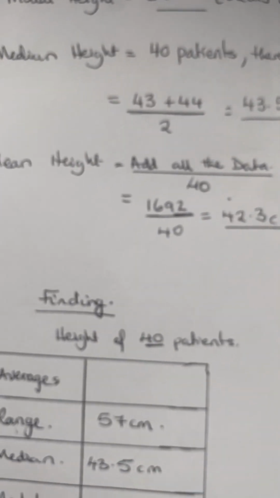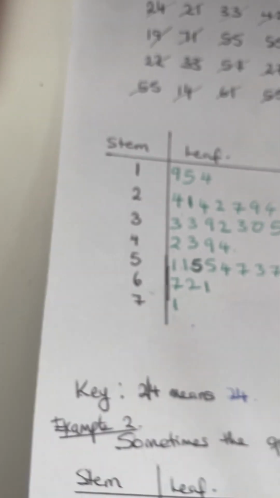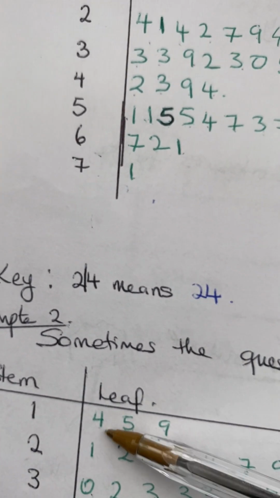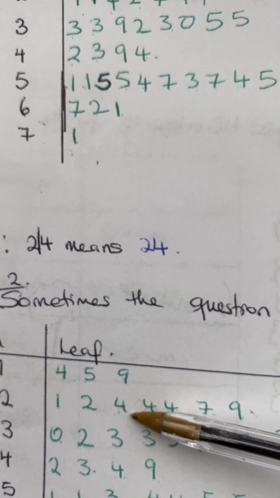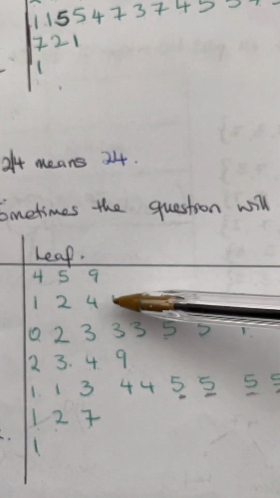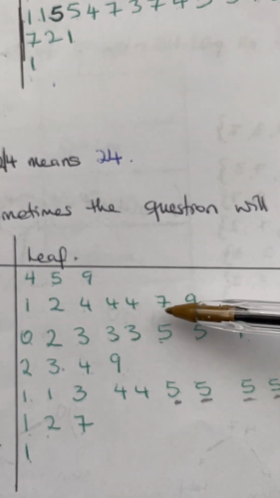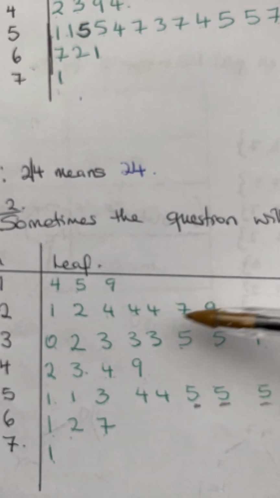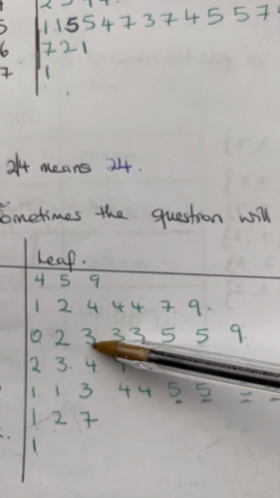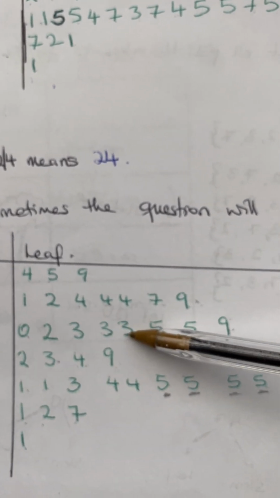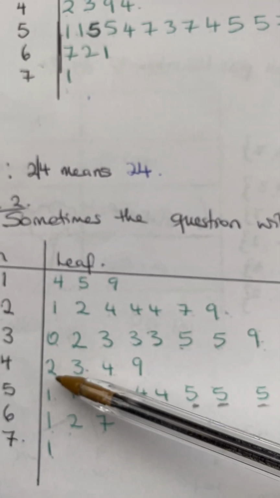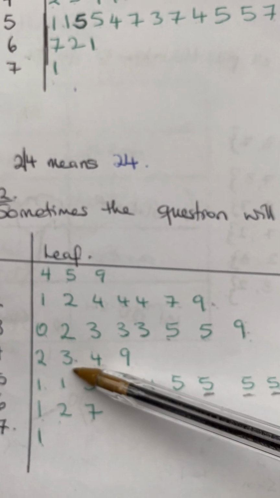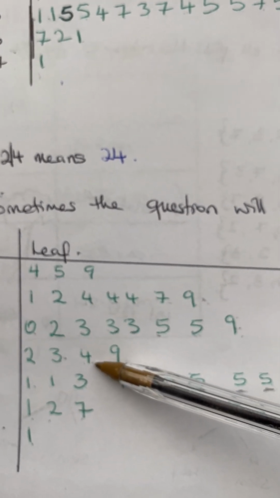Okay, so back to the table. You have 1, 2, 3, 4, 5, 6, 7, 8, 9, 10, 11, 12, 13, 14, 15, 16, 17, 18, 19, 20, 21st.